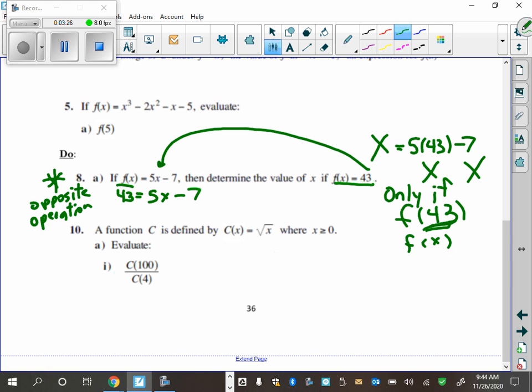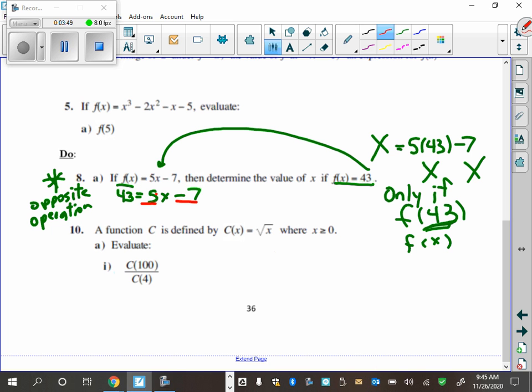Okay, first of all, you gotta get X by itself by doing the opposite of what's with X. So you gotta do the opposite of subtract 7, which is add 7, and you gotta do the opposite of 5 times, which is divide by 5. You need to know what to do first.